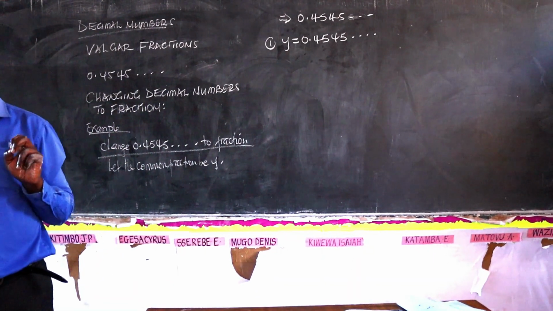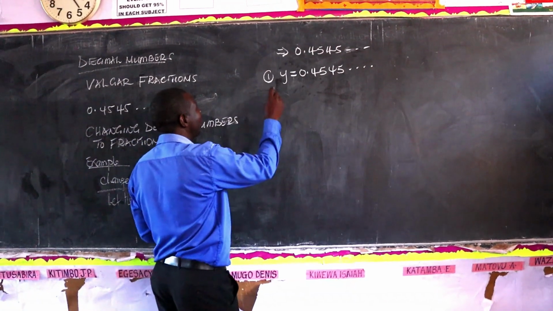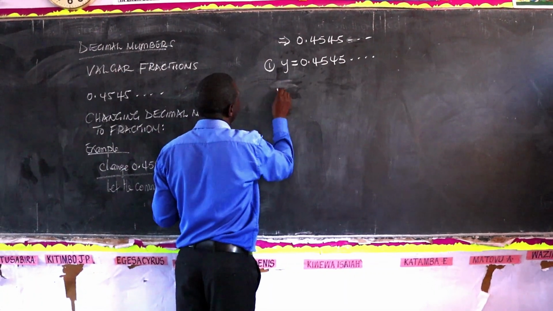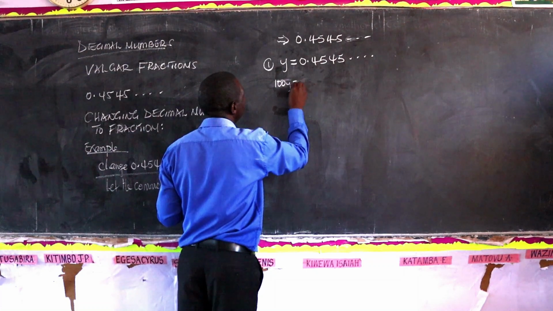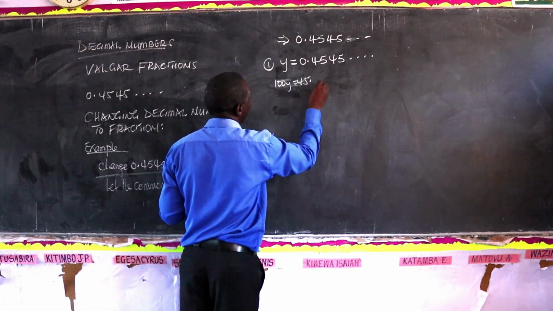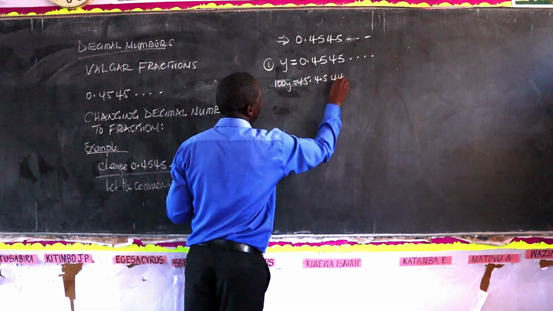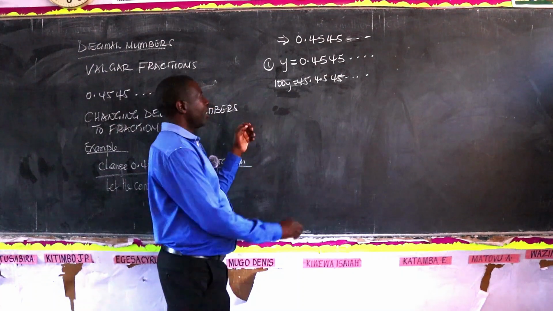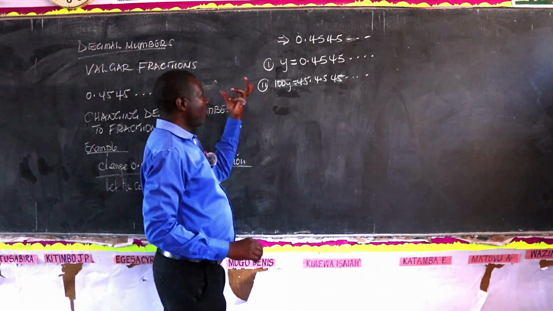Now, the second one will be 100y equals 45.4545 recurring. This one will become equation number 2.